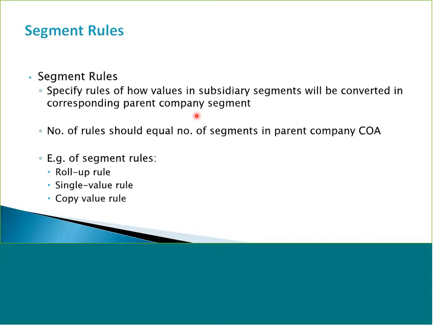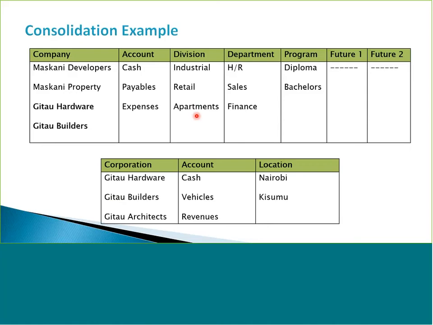In our case, we have 7 segments in our parent chart of accounts. So the number of segment rules that we will specify has to be equal to the number of segments that we have here.